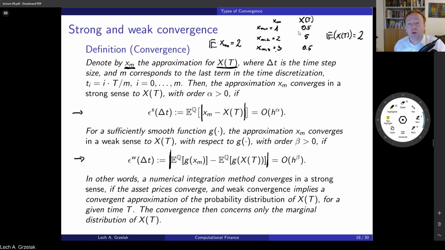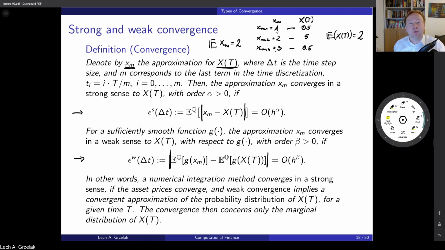However, if we look carefully, those are different numbers. So although the expectations now match nicely, we have to deal with something which is completely different. They don't really match because for the first path in approximation we had 1, in exact representation we had half. For the second we have 2 versus 5, and the third one we had 3 versus half.